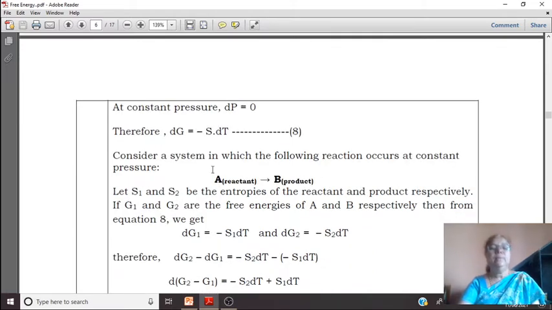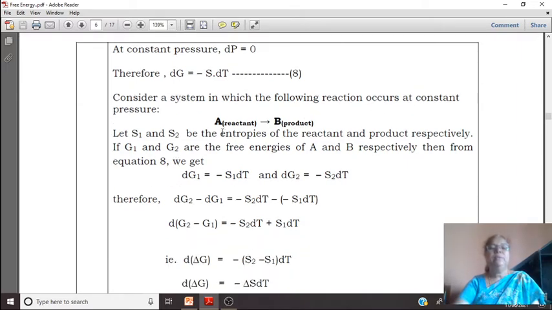Then consider a system in which the following reaction occurs at constant pressure. Suppose we have A as a reactant and it gives B as a product. Let S1 and S2 be the entropies of the reactant and product respectively, and G1 and G2 are the free energies of reactant and product respectively.